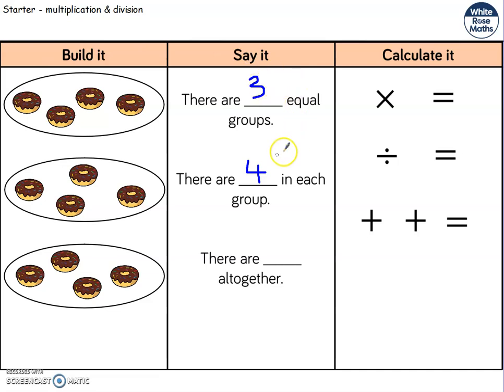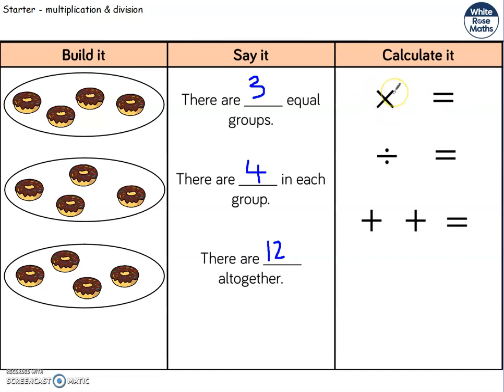There are 3 lots of 4. 1, 2, 3, 4, 5, 6, 7, 8, 9, 10, 11, 12. There are 12 altogether. Okay, so there are 3 equal groups, there are 4 in each group, and there are 12 altogether. What sums could we use to show that?